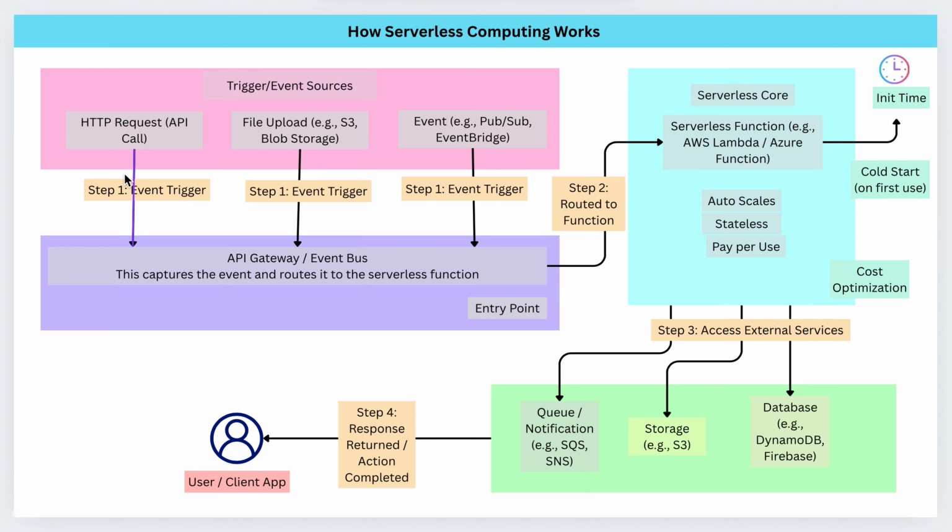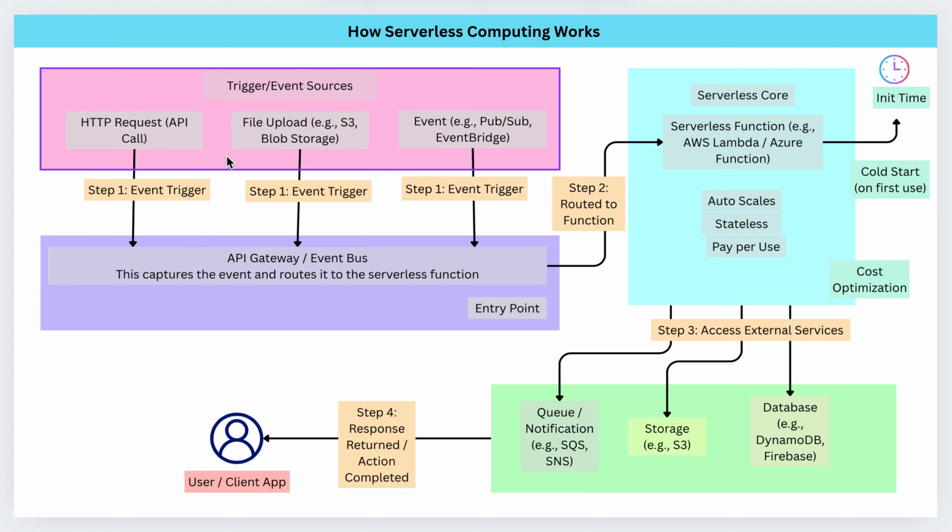Here we have triggers and event sources. These are the things that start the entire serverless workflow. We have an HTTP request, when a user makes a request like clicking a button on a website or calling an API. And a new file upload, like when a new file is uploaded, for example, to AWS S3 or Azure Blob Storage.